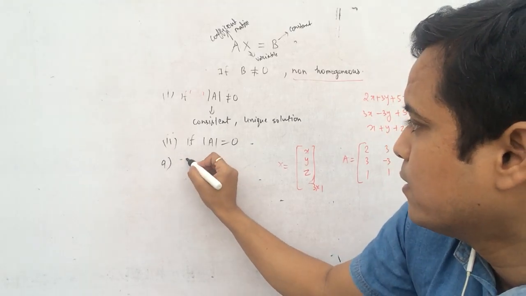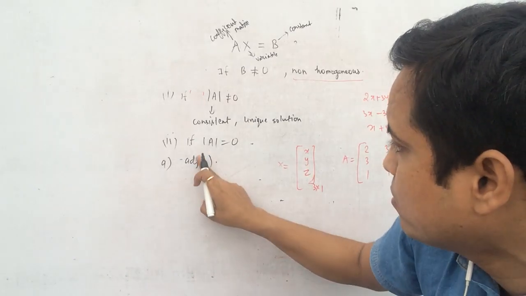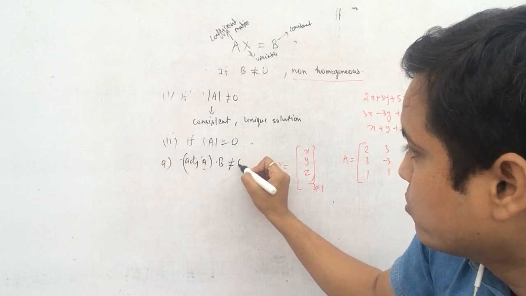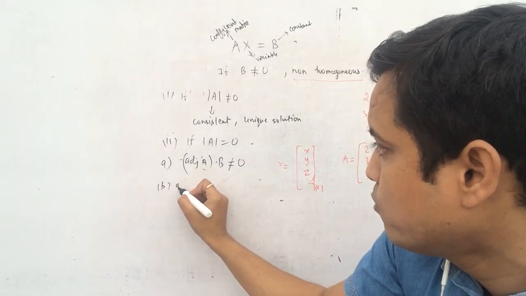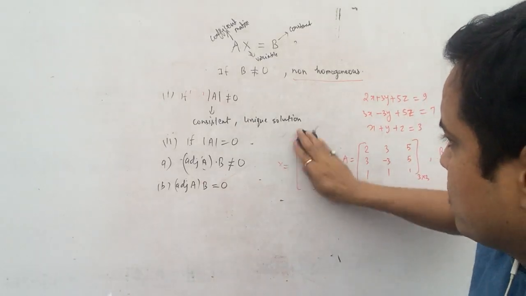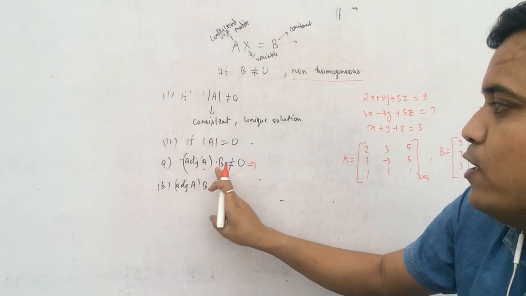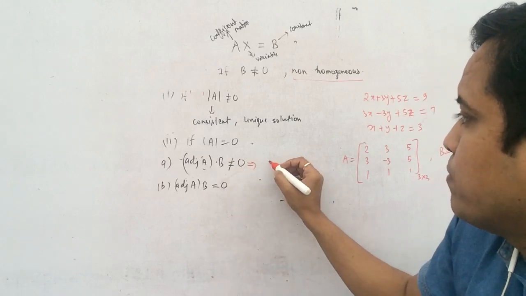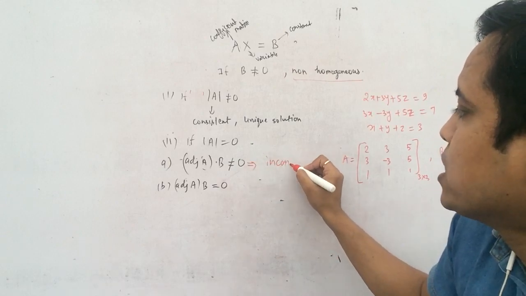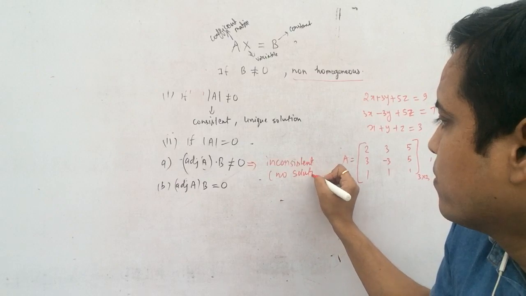First find the adjoint of A into B. If you get adjoint of A into B not equal to 0, then the system of linear equations would be inconsistent, and there would be no solution.